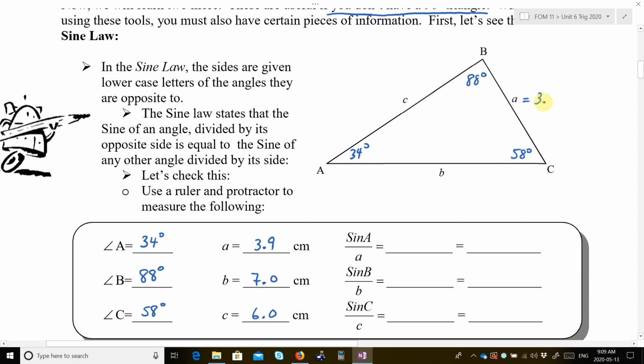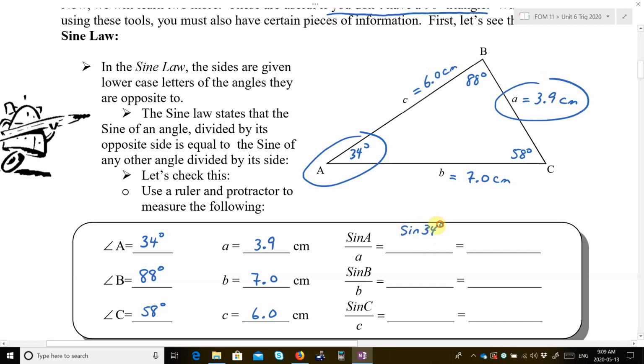And this little a is 3.9 centimeters, this b is equal to 7.0 centimeters, and this c is 6.0 centimeters. So if we go sine A divided by its opposite side, we would get sine of 34 degrees divided by 3.9.